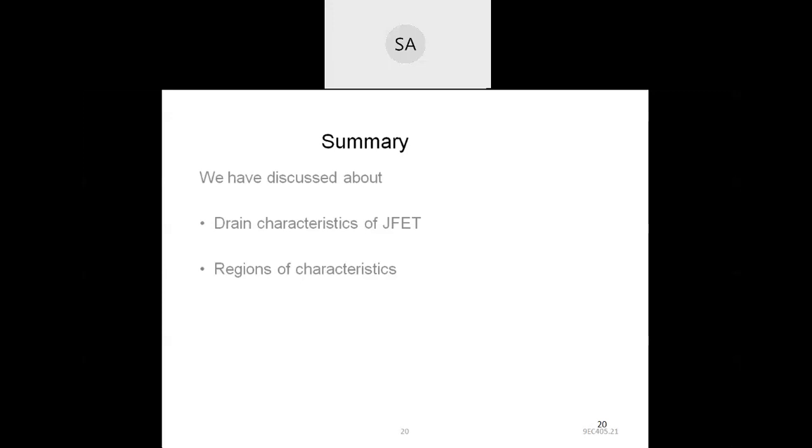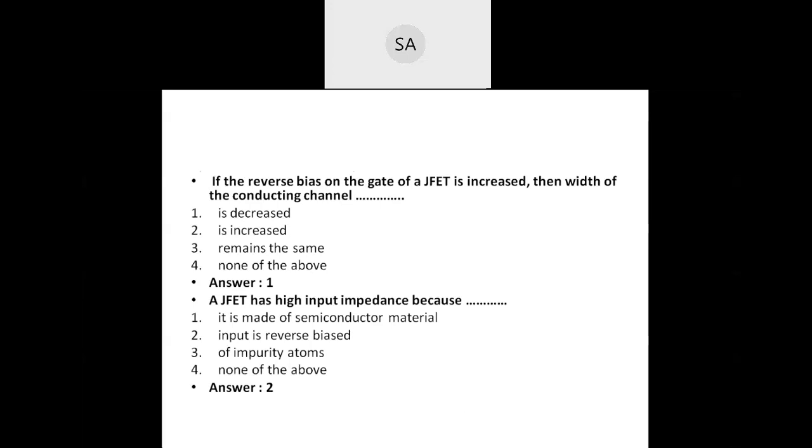Below that point the drain current is 0, ID is equal to 0, and we call it the cutoff region. A frequently asked question in this topic is to draw the drain characteristics of JFET and explain. So let us have some simple questions on this.